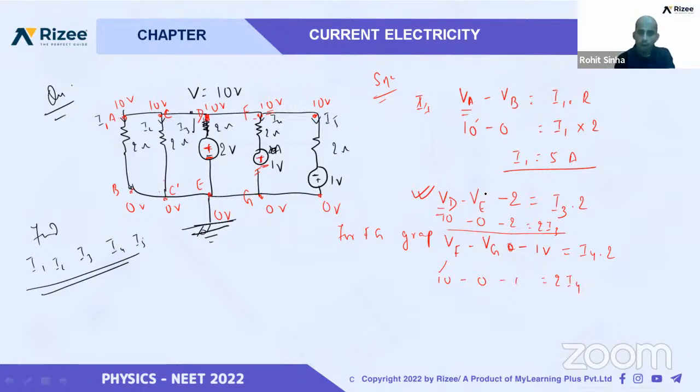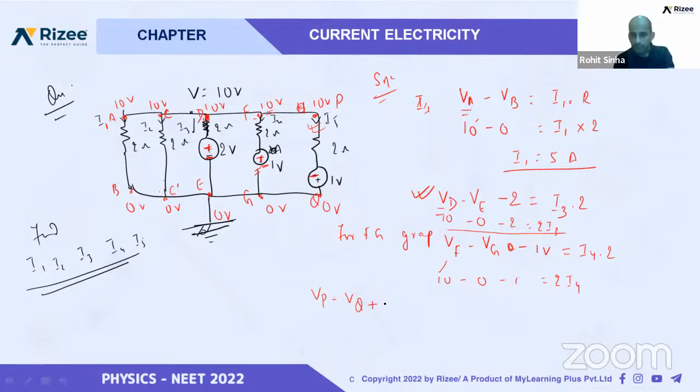Okay, now in the fifth branch, you can see here, we can write like this. Let us suppose GH, I say PQ branch. For the PQ branch, I can write VP minus VQ. Now you see, the negative terminal is along the positive side and the positive terminal is along the negative side.